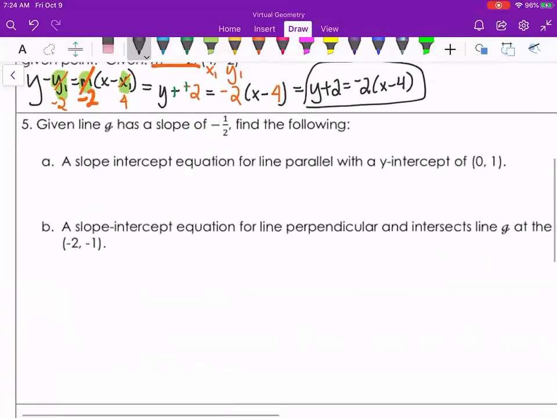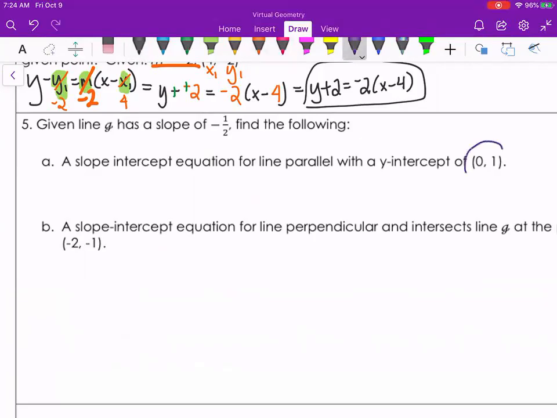All right, now our second to last example here says that we are given line G and it has a slope of a -1/2. Find the following. So first off, we need a slope-intercept equation, y equals mx plus b, for an equation for a line that is parallel to the first one, then a y-intercept of 1.